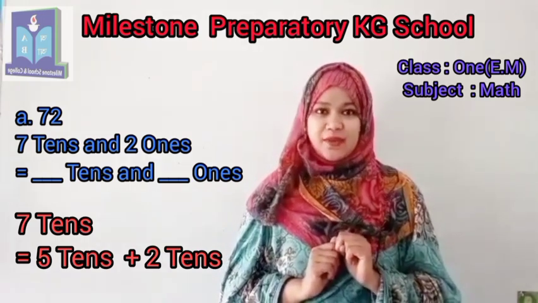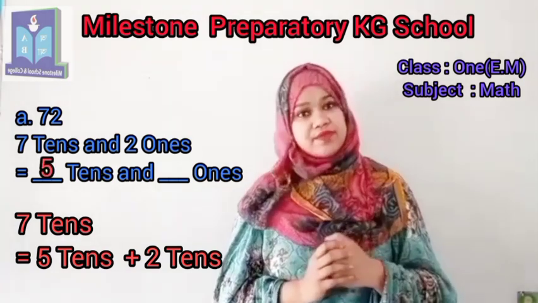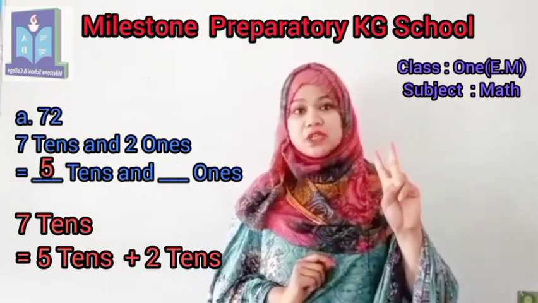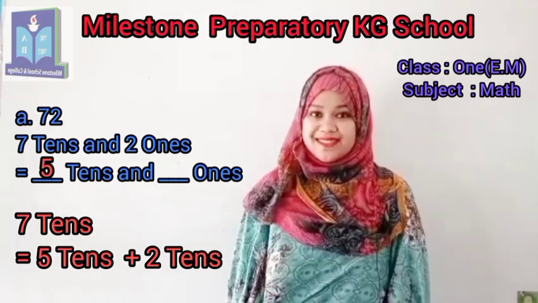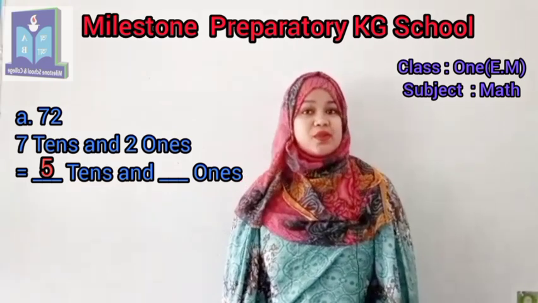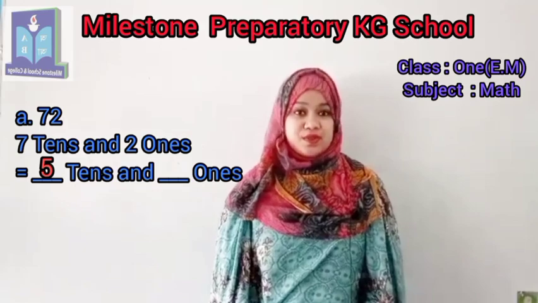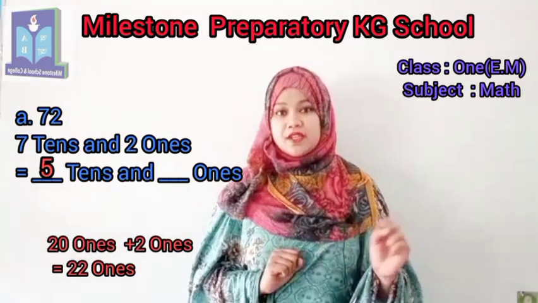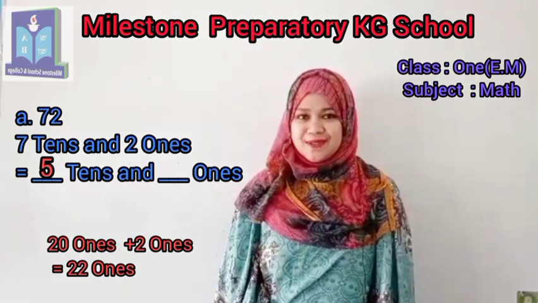7 tens. Okay, so 5 tens we keep in the tens position number, 5 tens, and we take 2 tens. What is the value of 2 tens? 2 tens mean 20, and we have 2 in the ones position number. So 20 plus 2 equal 22.